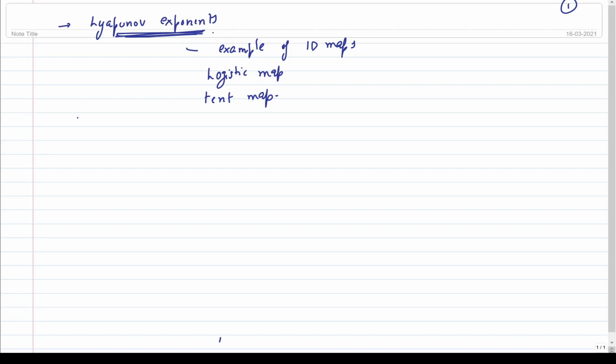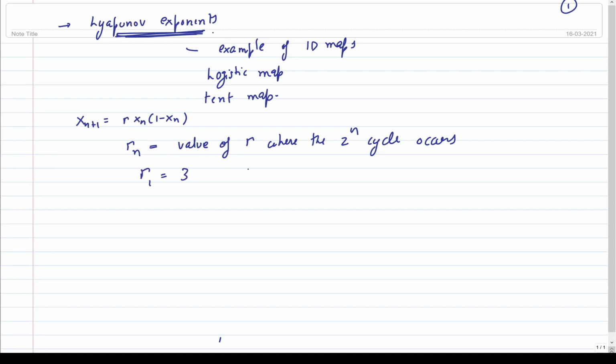For example, we have seen in the logistic map the parameter Rn that gives the value of R where the 2 to the power of nth cycle appears. For example, R1 was at 3, where the first period doubling occurred.